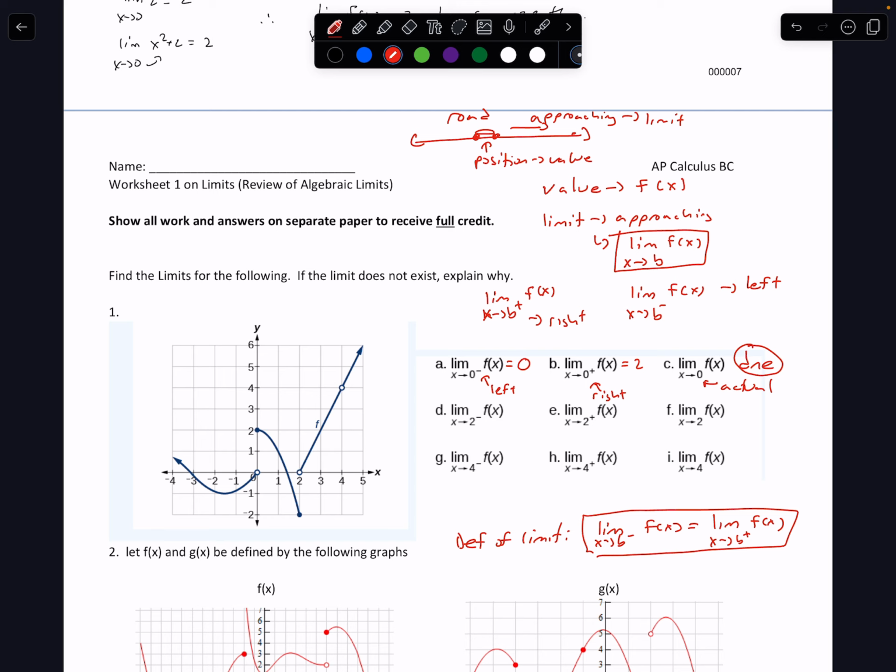So let's try the next row here. Here, again, we're approaching 2 from the left. So if we approach 2 from the left, it looks like my y value is approaching -2. From the right side, we're approaching 0. So same thing. Because from the left we're approaching -2 and the right we're approaching 0, they're not heading to each other.